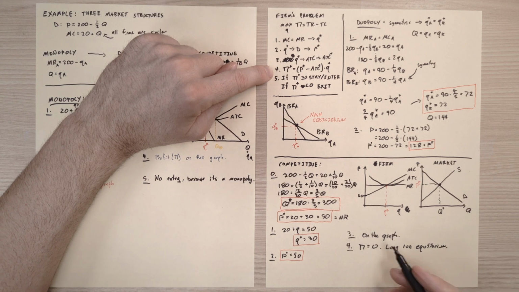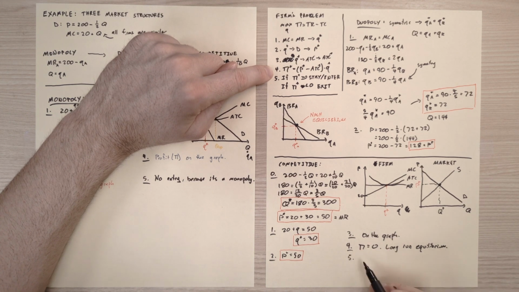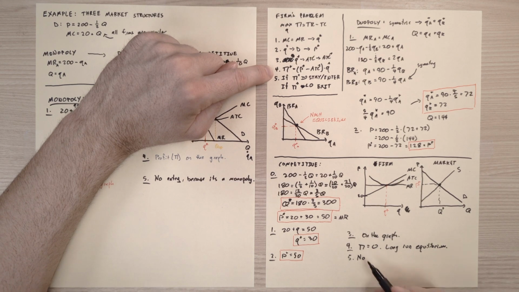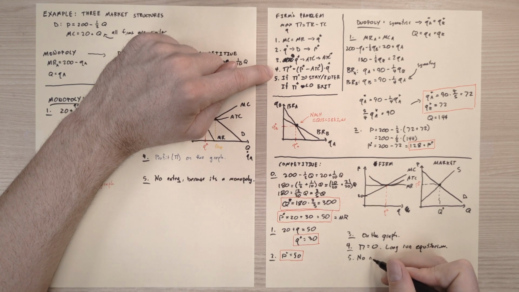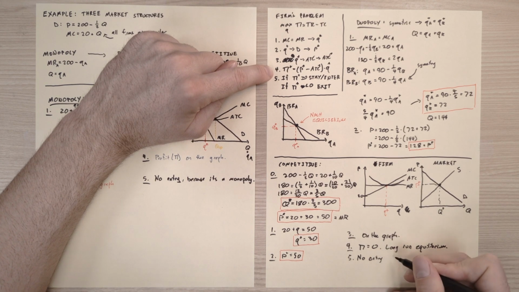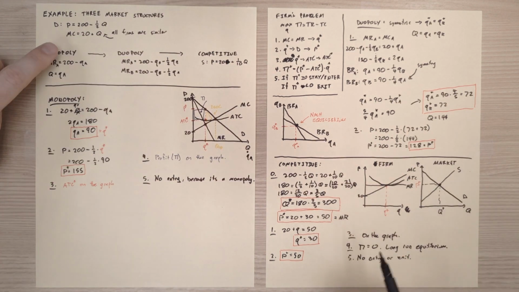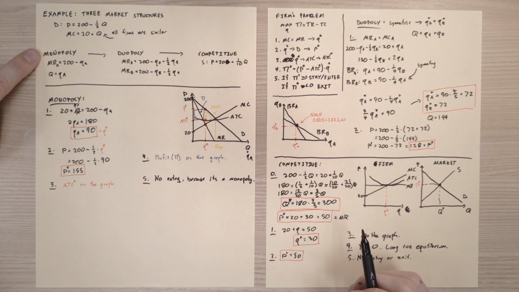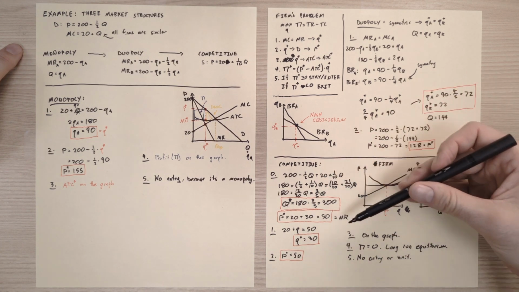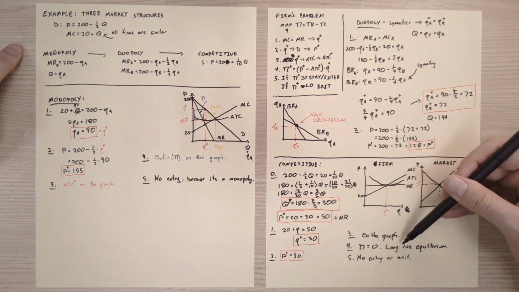And the reason this is our long run equilibrium is because 0 profits tells us that there's no entry or exit. And the way I've set up this question, there's not really enough information to know that. But often the context of the question will tell you whether there's a long run equilibrium or not.